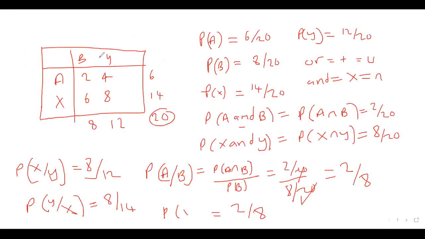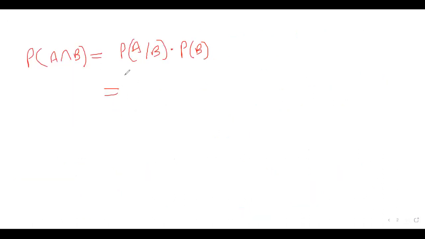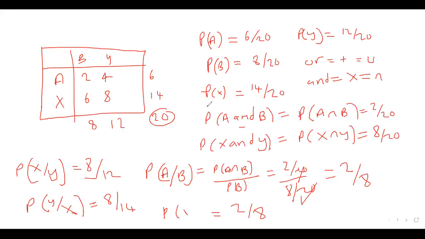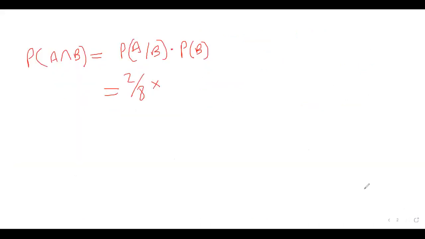So let's go to A given B, which is 2 over 8. Here you put 2 over 8 times the probability of B, which is 8 over 20.